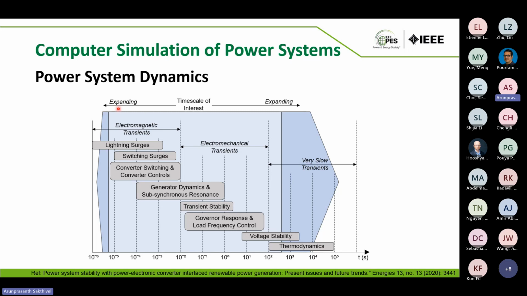So we are moving towards very small values in the microsecond range. On the other hand, we are also moving towards very slow transients such as thermodynamics, where people are talking about hydrogen-based power generation. So when we are dealing with large power systems, it is going to have all these different dynamics, and we need to be able to simulate them to analyze the stability depending on the time scale that we want to see.